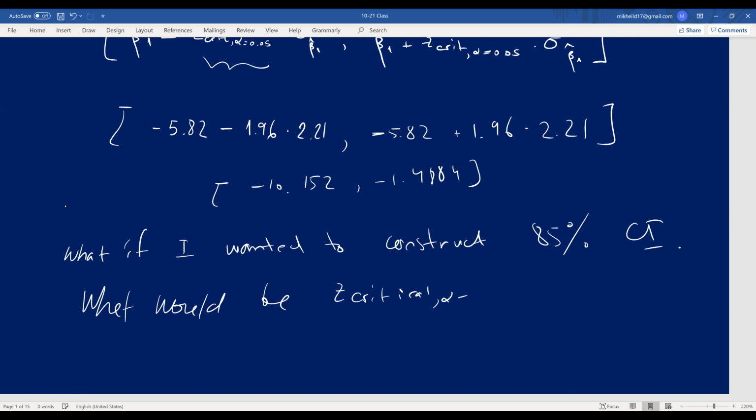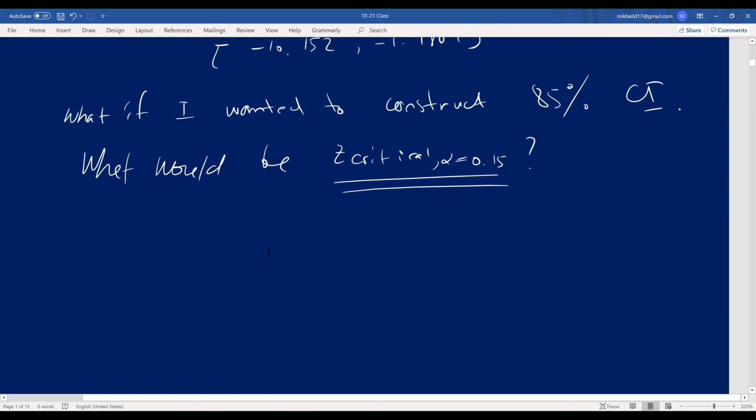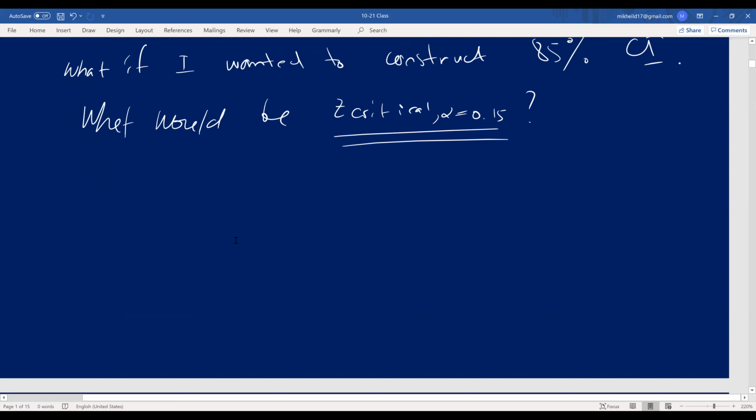In this case, alpha would be 0.15, right? Yes. Do we know this Z critical when alpha is 0.15? Is it 1.44? I don't even know. So we have to see, right? I don't remember. So, okay, I will tell you what that is.